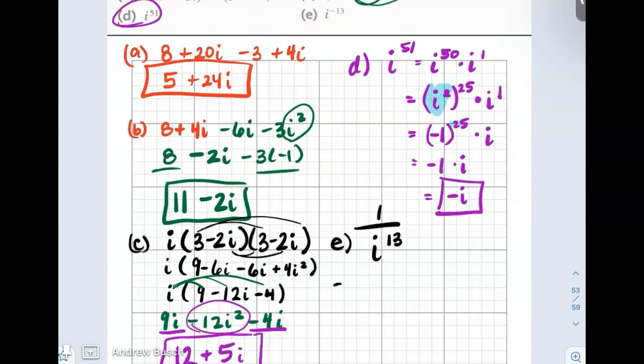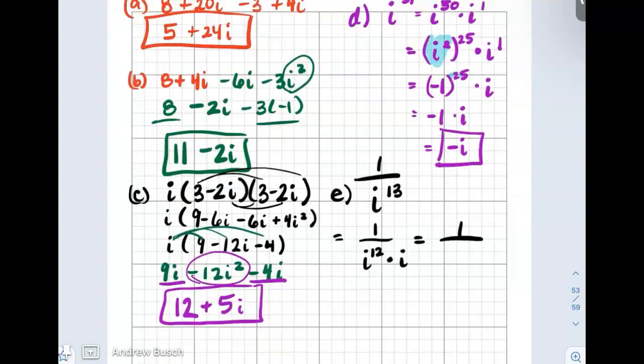Then on the bottom, we're going to do the same thing that we did on part D. So we're going to write that as i to the 12th, because that's the even number less than 13, times one single i to make i to the 13th. We then are going to change 12 into i squared to a certain power. To make 12, you need 6. 6 times 2 is 12.